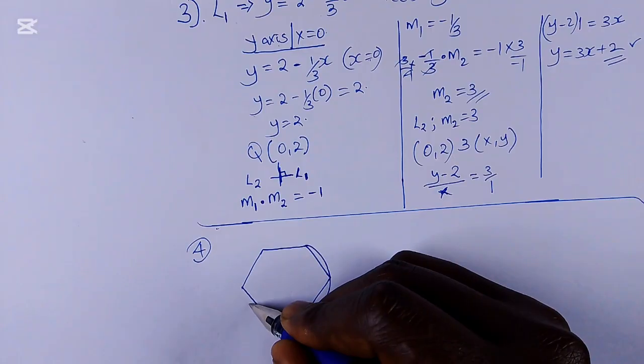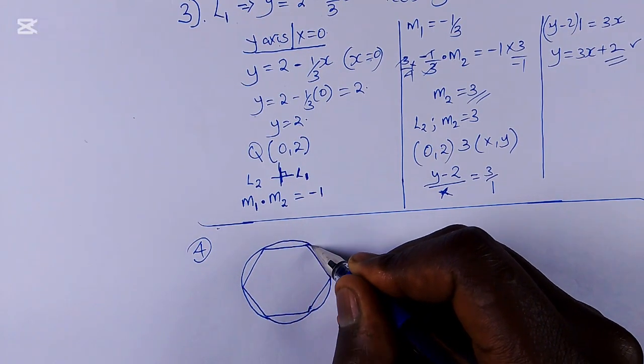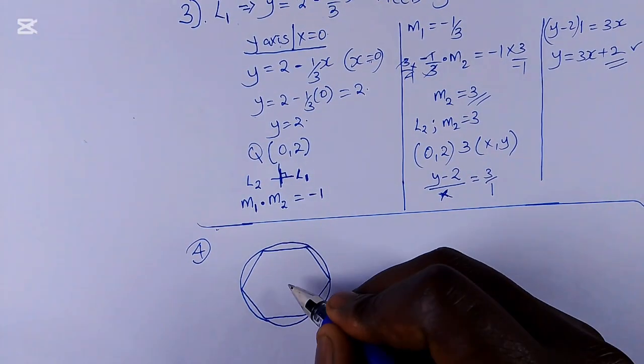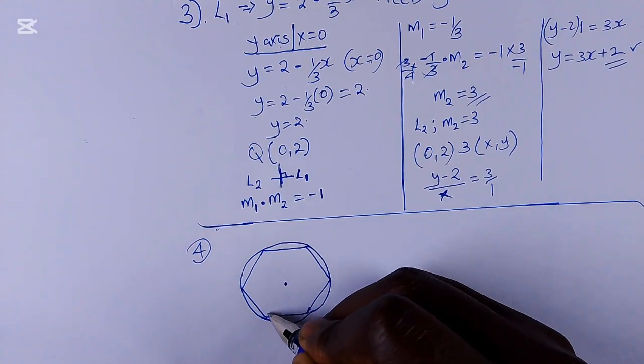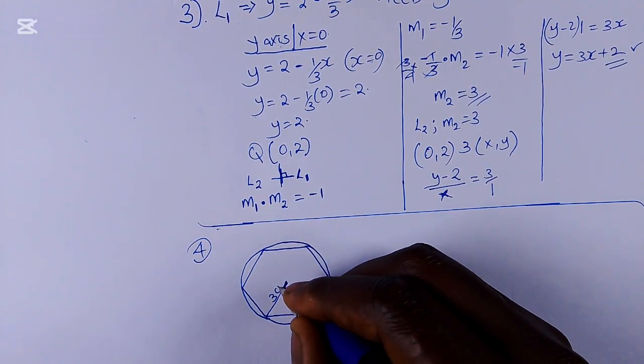So we can make a simple diagram, and that will be a clear illustration of what our question is saying. And we are told that the circle has a radius of 3 centimeters.